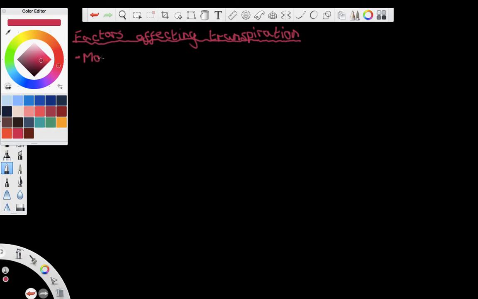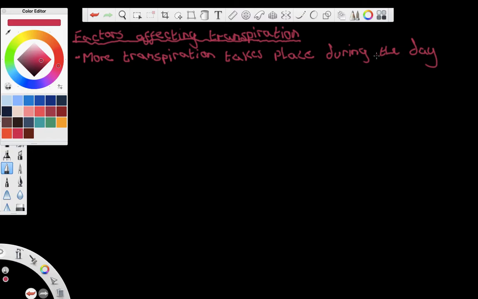So more transpiration happens or takes place during the day. Okay, so more transpiration takes place during the day.